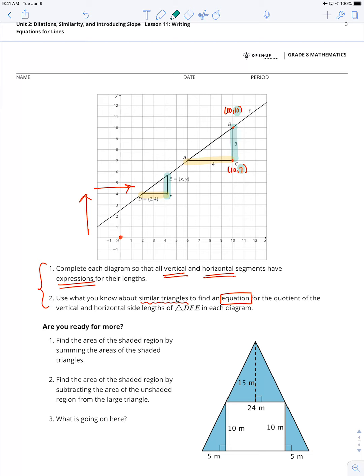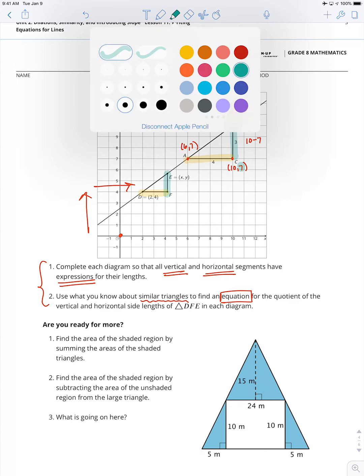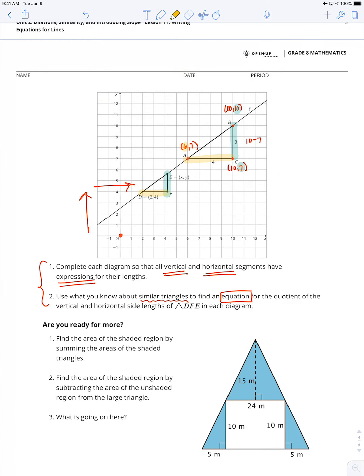So I'm coming up with that expression of 3 by doing 10 minus 7. Same thing if I look at the horizontal. This is 6, 7. This is 10, 7. Now I see that my y values are what they have in common, and it's the x values that are different. So I'm getting that expression of 4 by doing 10 minus 6.